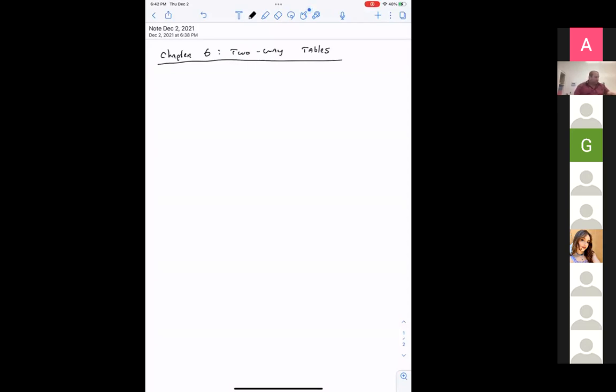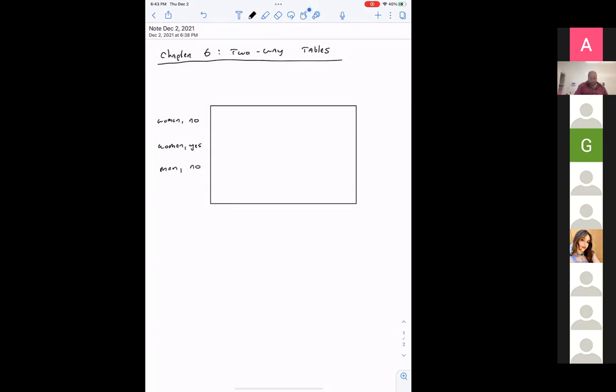So two-way tables, very straightforward idea, and best illustrated in the form of an example. So we have on page 154, if you have the book at home and you're following along, the following diagram. We have women, no college, women, yes college, men, no college, and men, yes college.